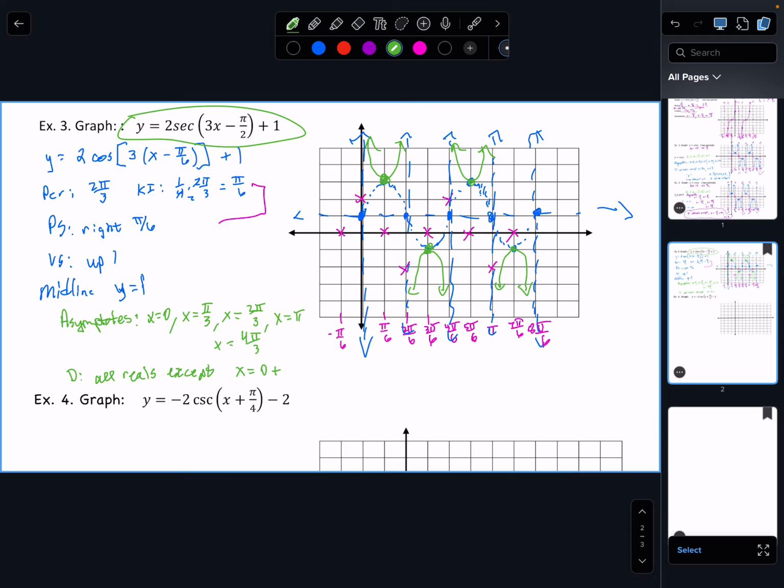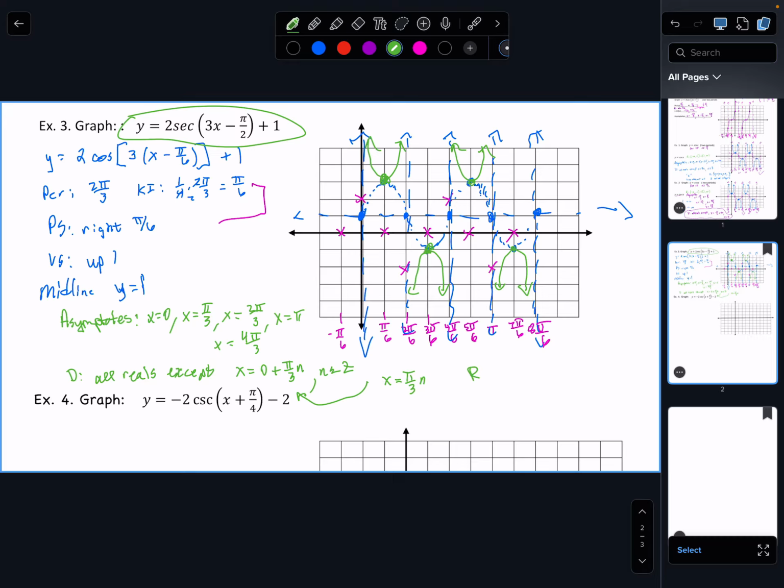The period's 2 pi thirds, so half of the period is pi thirds, and that's times n, where n is an element of the integers. And you actually could simplify that to just pi thirds n if you wanted to.